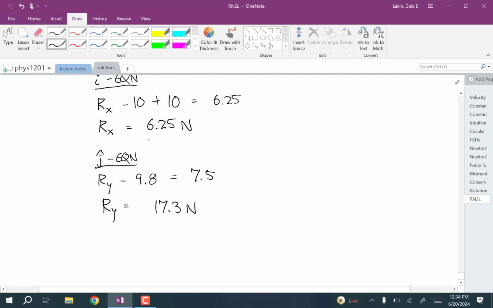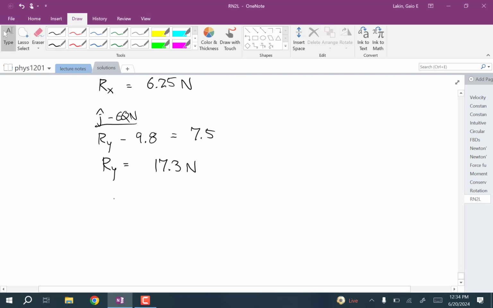We got positive for both of these. They could come out positive or negative. If it comes out positive, it's in the positive i or j direction. If it comes out negative, it's in the negative i or j direction. And so our final answer for this force that's applied to the body by the pin is equal to 6.25 newtons, in this case in the positive i direction, plus 17.3 newtons, in this case in the positive j direction.